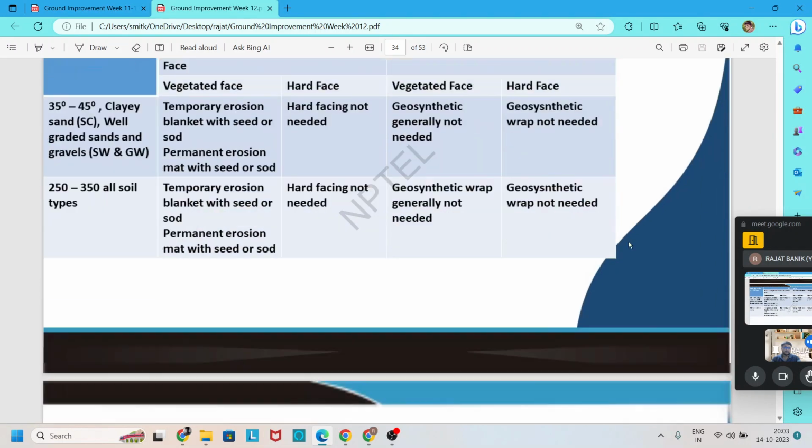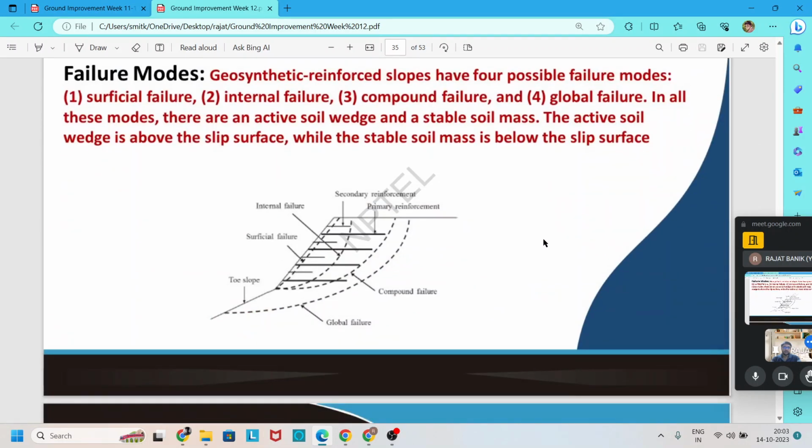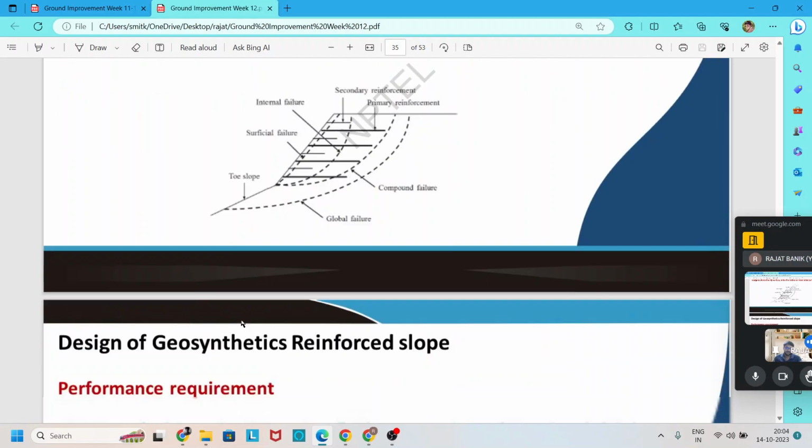After that, we discussed the different failure modes of the geosynthetic reinforced slope, and we find out different types: surface failure, internal failure, compound failure, and global failure. And one schematic diagram also we discussed.